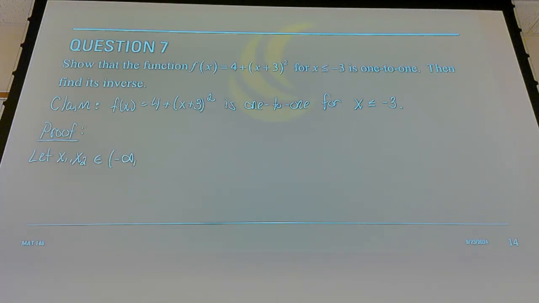Yes. Right? They actually gave you the domain. So we're picking two numbers, x1 and x2, between -infinity and -3, such that f of x1 equals f of x2.